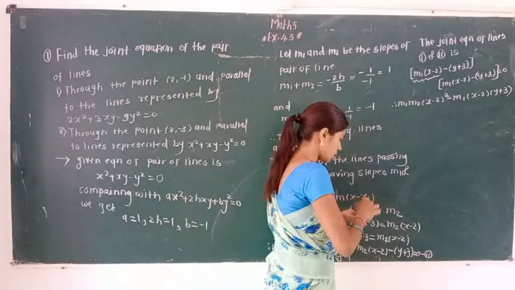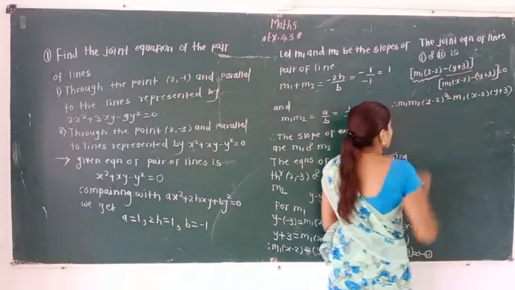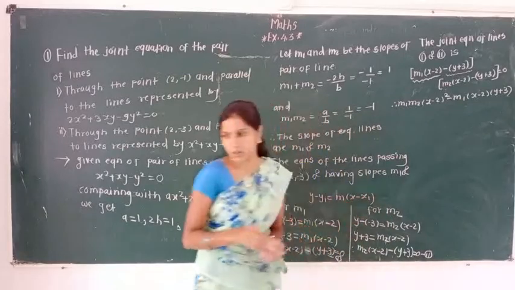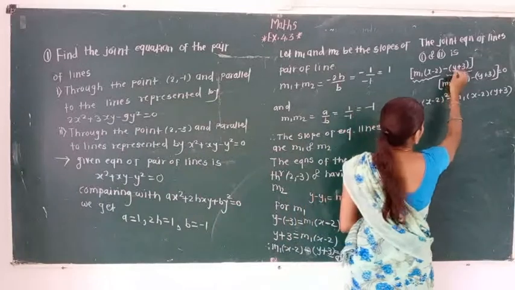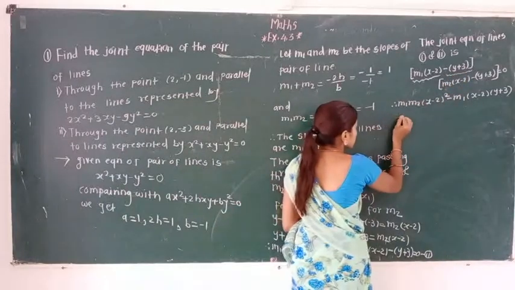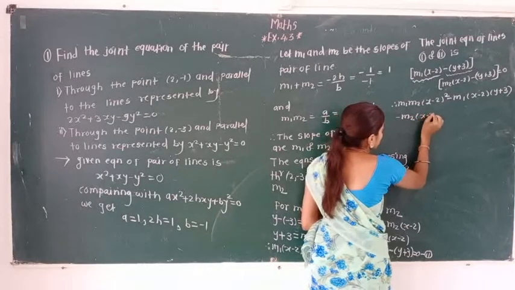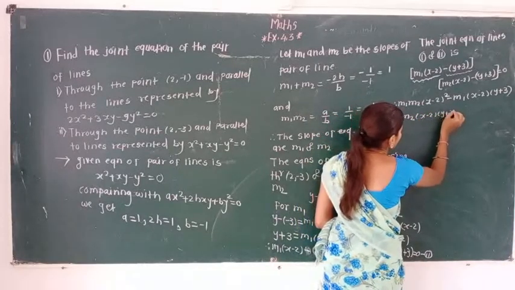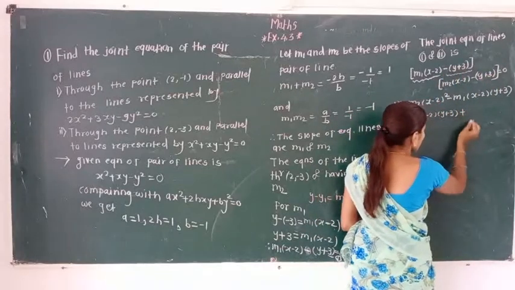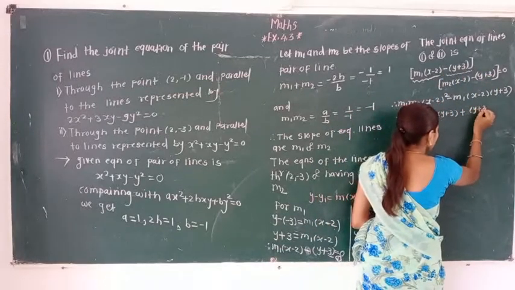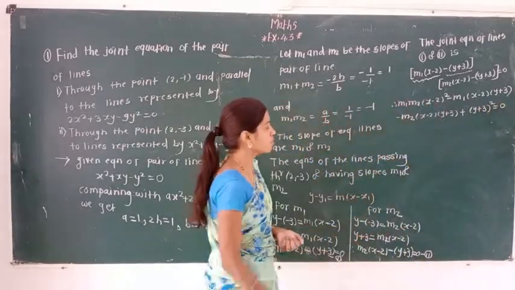Now take the product of the second term into the second bracket: we get minus m2 in bracket x minus 2 into y plus 3. The product of the second and second terms gives plus y plus 3 bracket square is equal to 0. Now simplify this equation.